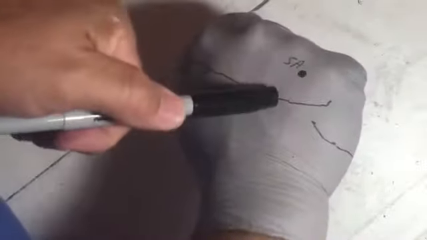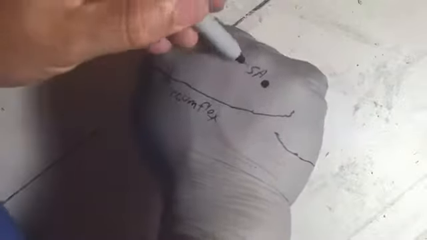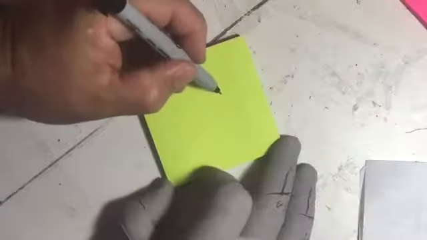And again, your SA node. So that's the way the vessels lie across the top of the heart and the inside of the heart to show you which chamber of the heart it's feeding. Okay, kind of a messy drawing, but it works.